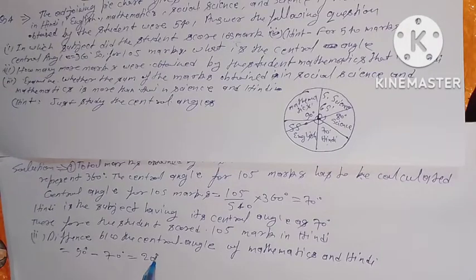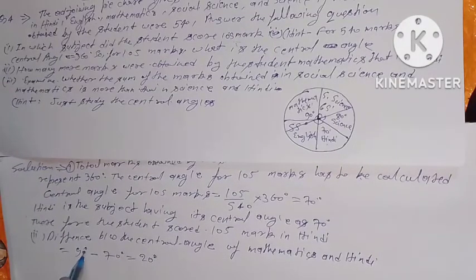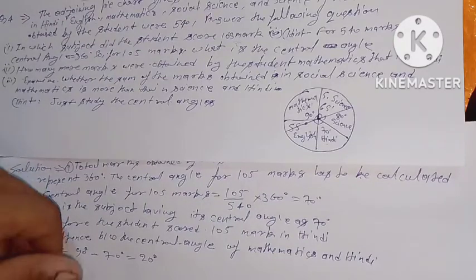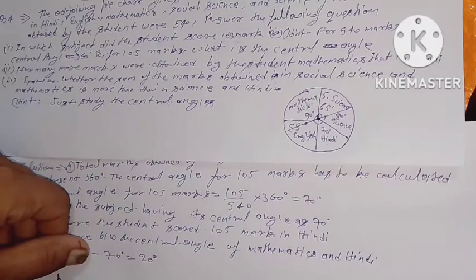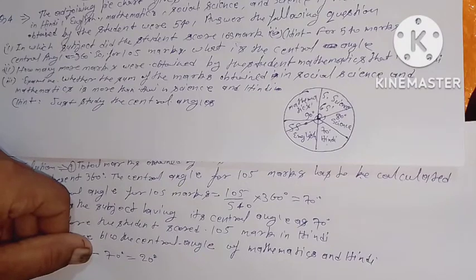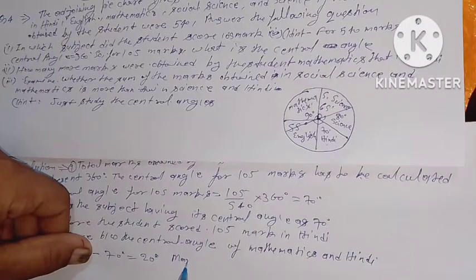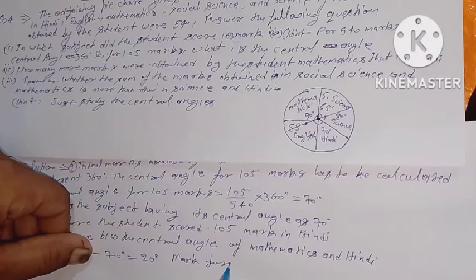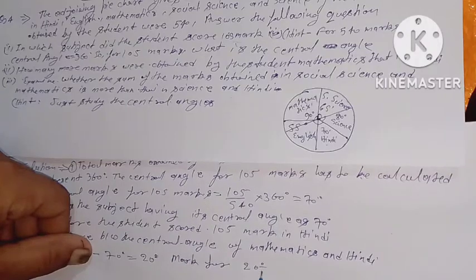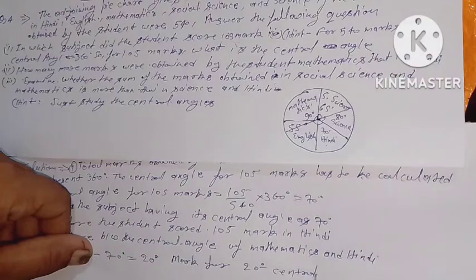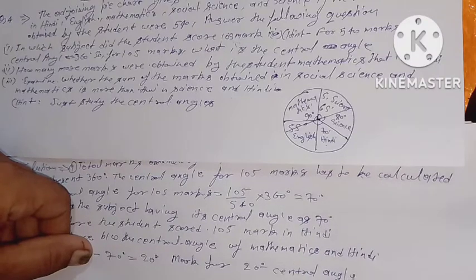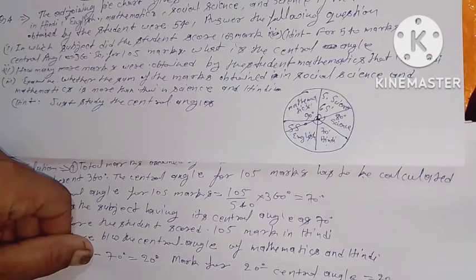Okay. 20 degree. Pie chart. Marks for 20 degree central angle equal to 20 upon 360 multiplied by 540, equal to 30.